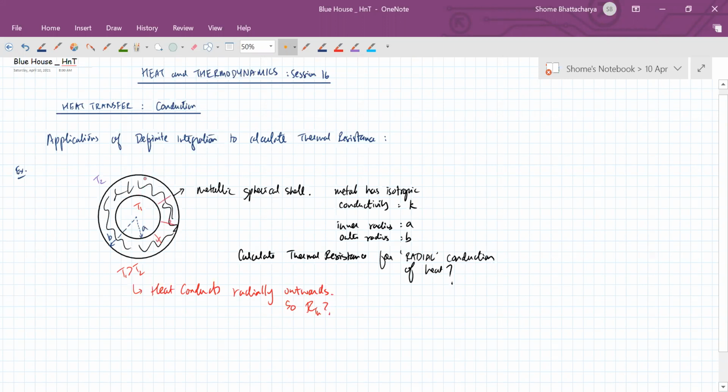Okay. So this is a little bit like the situation we had discussed in the last lecture of the frustum shaped object. We see that if you have this frustum shaped object and heat is flowing from one side to the other side like this, the problem is we cannot use the formula L upon Ka directly, because the area of cross section is not the same, not uniform everywhere.